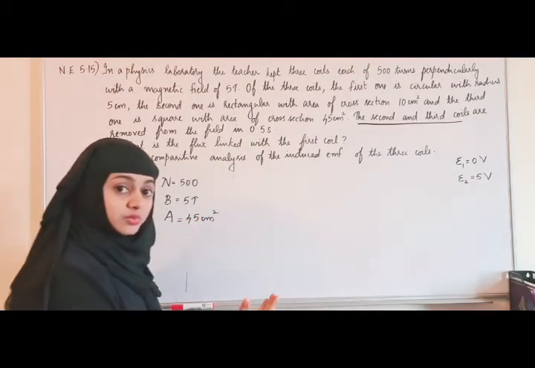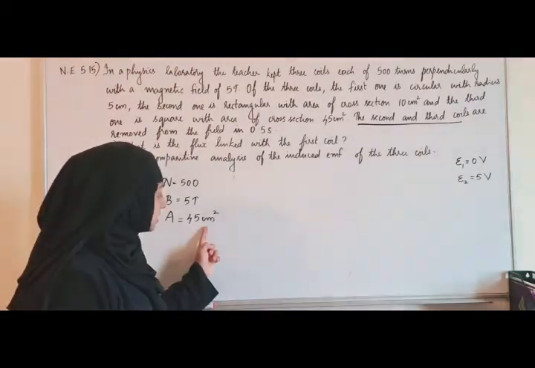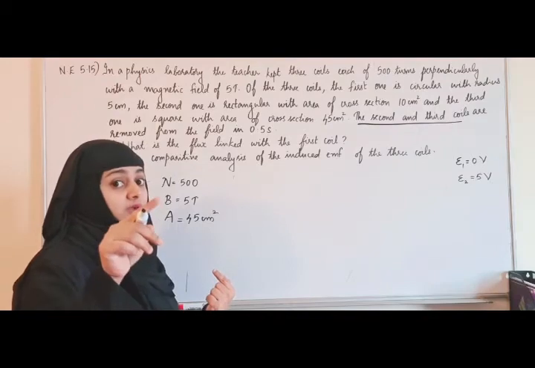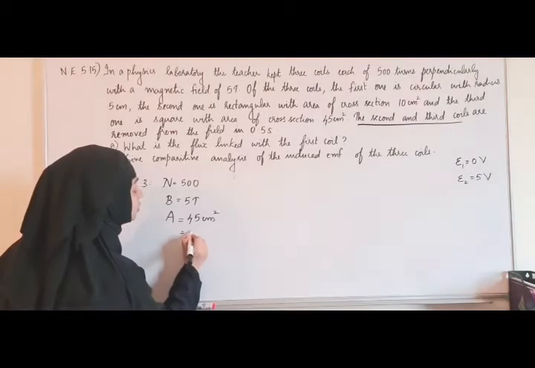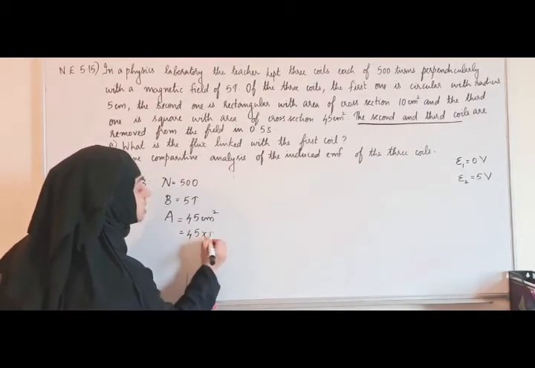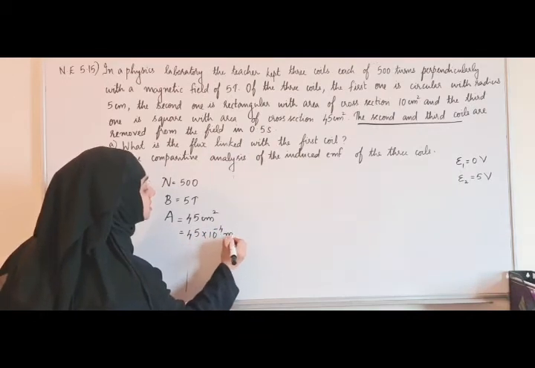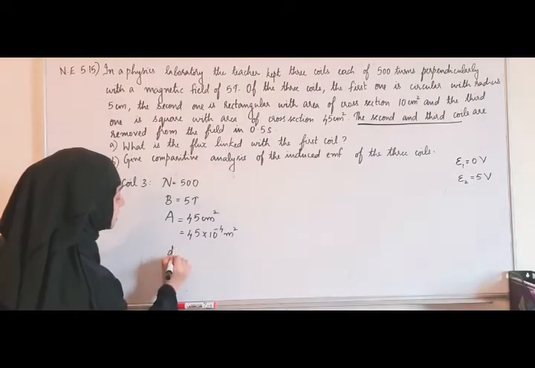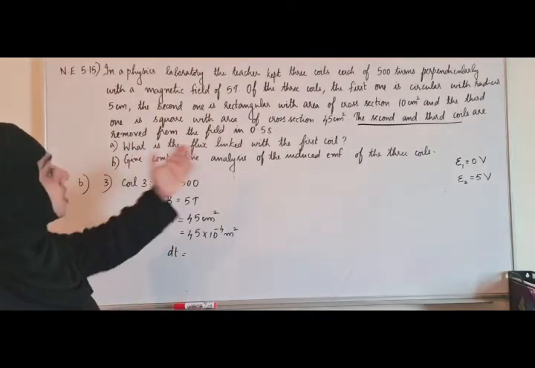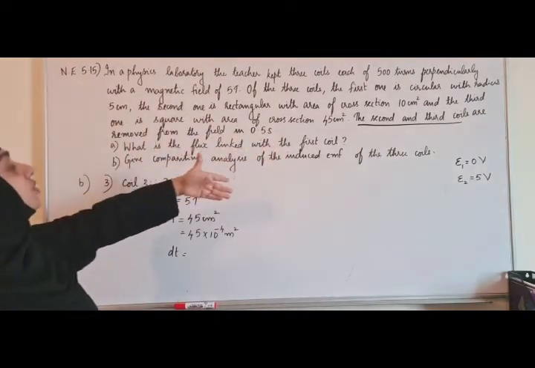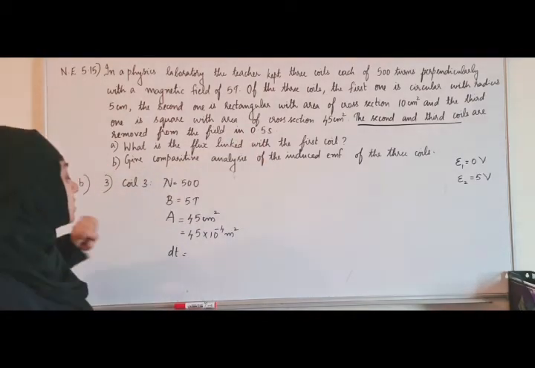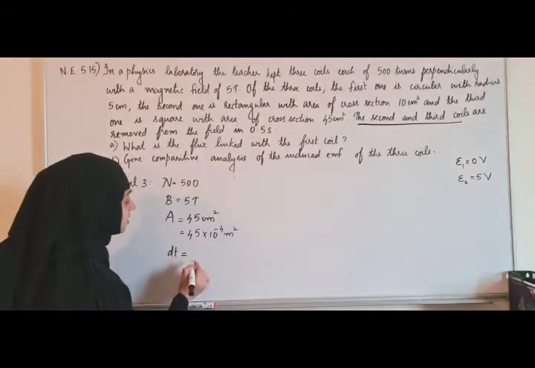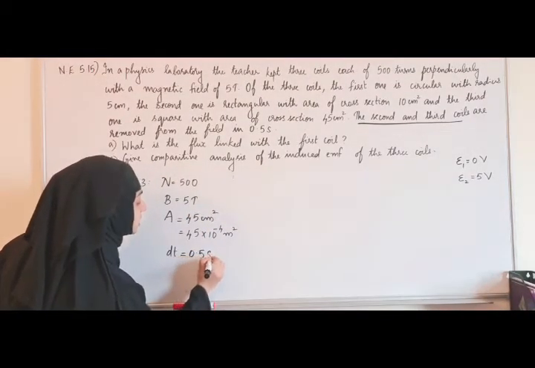We saw in the previous one that centimeter square can be converted to meter square by multiplying with 10 raised to minus 4. So, this is equal to 45 times 10 raised to minus 4 meters square. And then dt, the time interval is same, because second and third coils are removed from the field in 0.5 seconds. So the time interval where there is a change in flux is the same, 0.5 seconds.